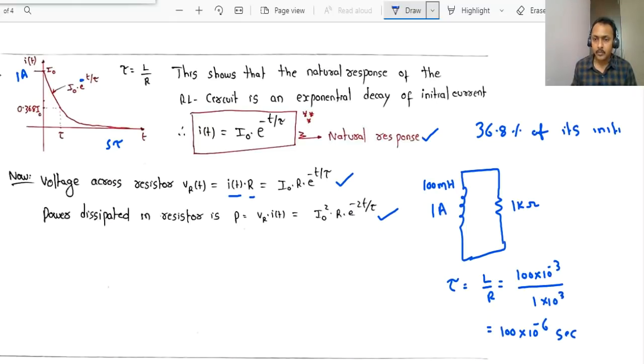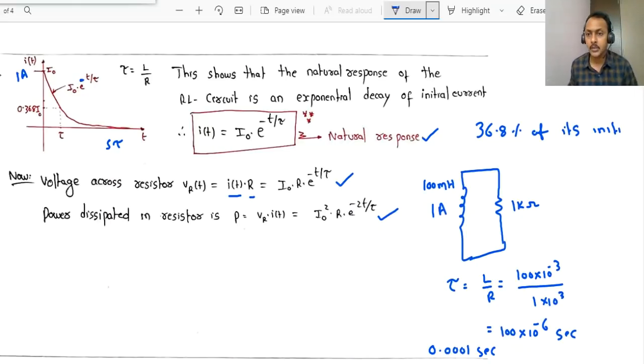So within a span of 10 power minus 4, 0.0001 second, see, within how short a span this 1 ampere is becoming 0.368 amps. Within that time frame, it discharges to 0.368 amps.